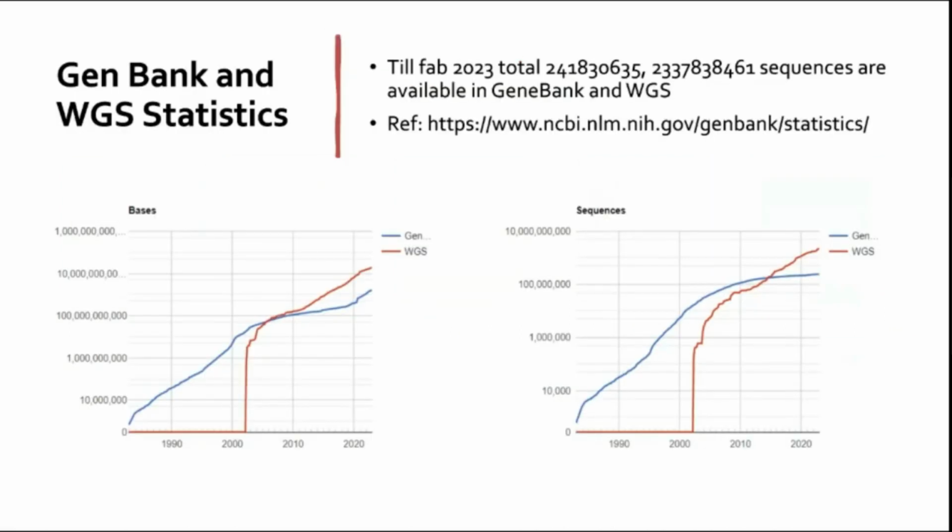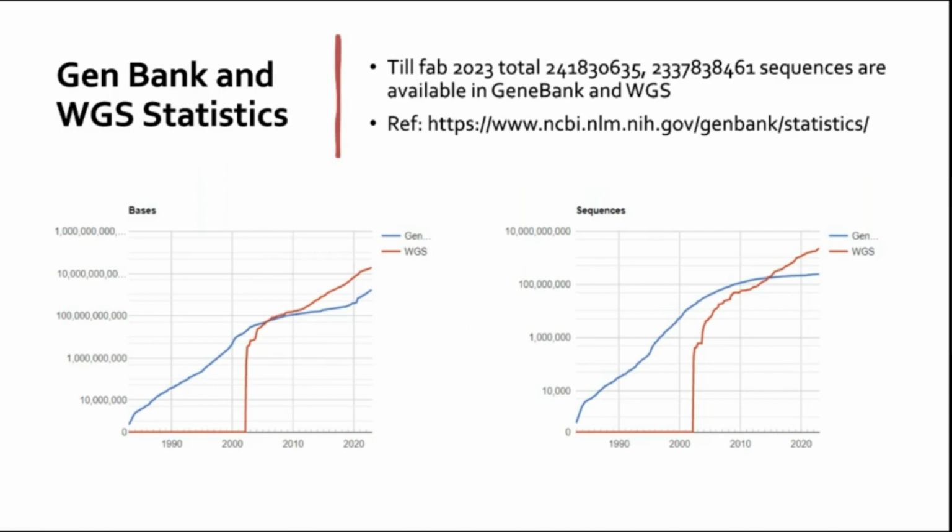I also put in the latest picture of how these sequencing technologies have enhanced the number of bases submitted to NCBI. This is a particular stat from NCBI, showing how the bases and sequences are submitted through genic sequencing as well as whole genome sequencing.